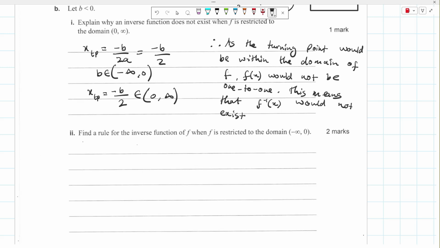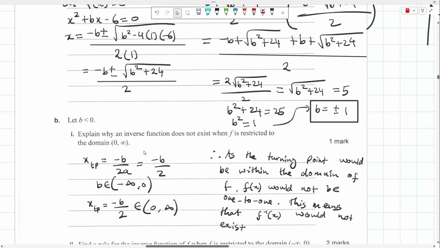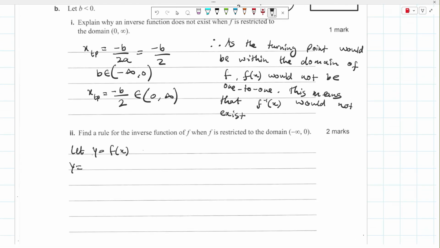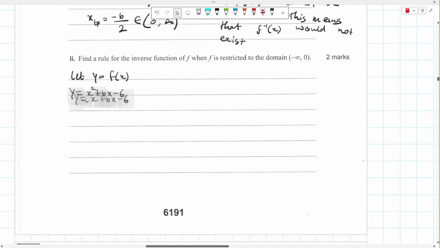Okay, let's try this. First, we're going to say let y equal f of x. So we get y is equal to x squared plus bx minus 6. Now, before I do anything, it's really crucial to know that to find the inverse function of a quadratic like this, what we actually have to do is complete the square.